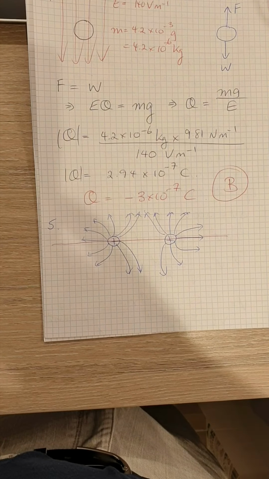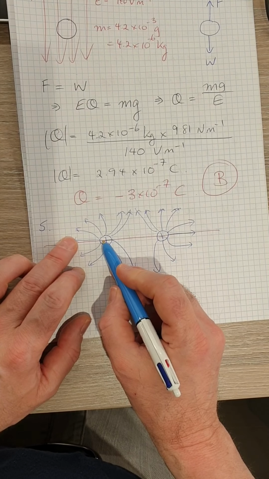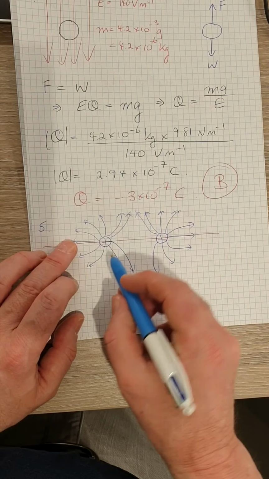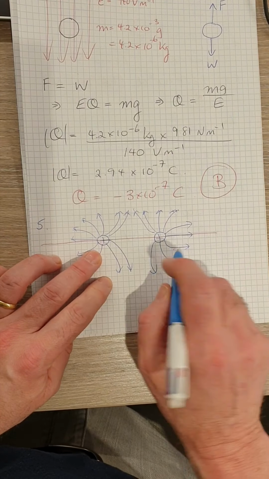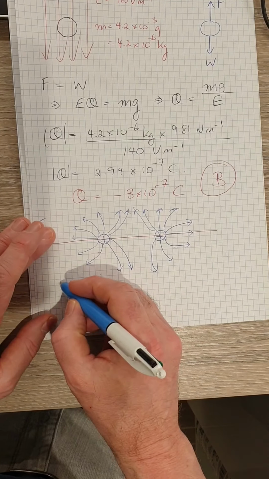So we're going to have a very large electric field here. But remember, the electric field represents the force per coulomb. The force is acting this way in the case of this charge as we come towards it, and in the case of this charge it's acting in the other way. So we have to show that on our graph.